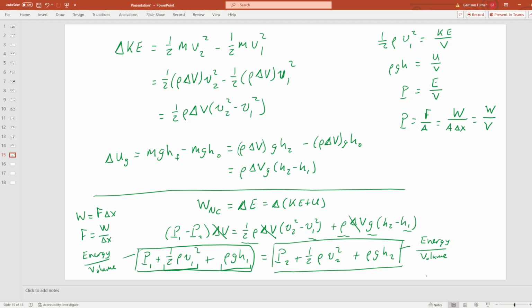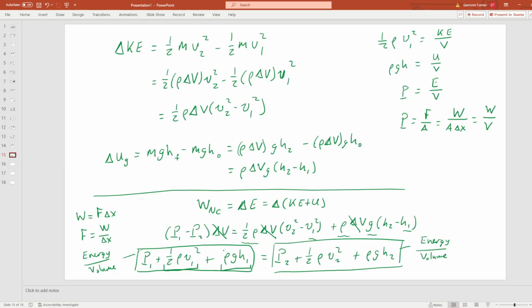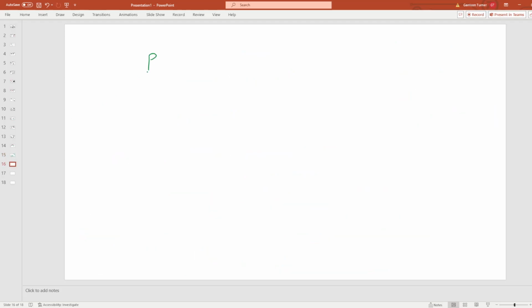This is the basic idea behind Bernoulli's equation, and we generally just shorten this down to say that if this equation must hold true everywhere in the pipe, then we can generalize that to say that the pressure anywhere in the pipe plus the kinetic energy per unit volume plus the potential energy per unit volume must be a constant.